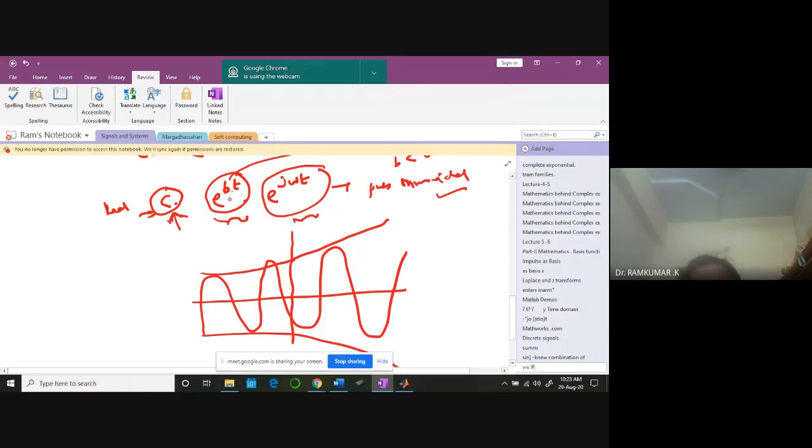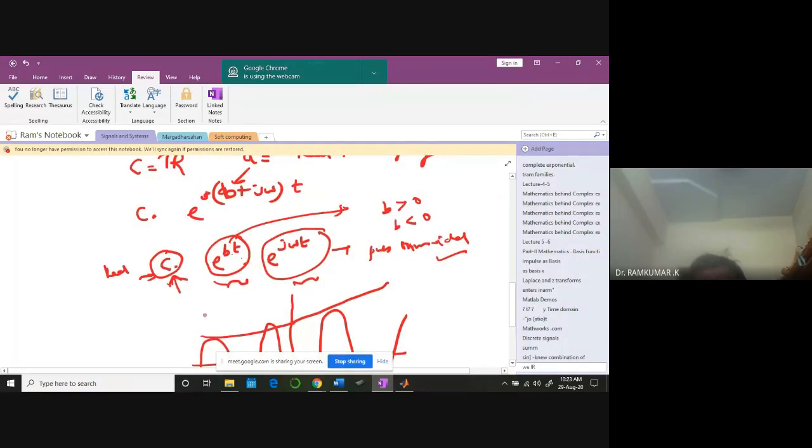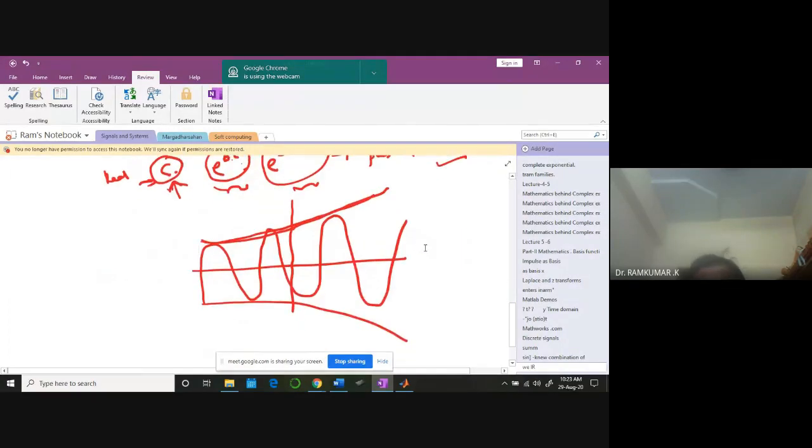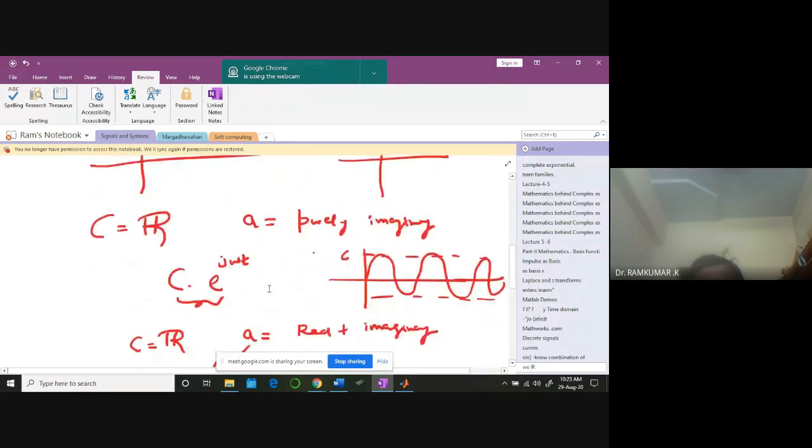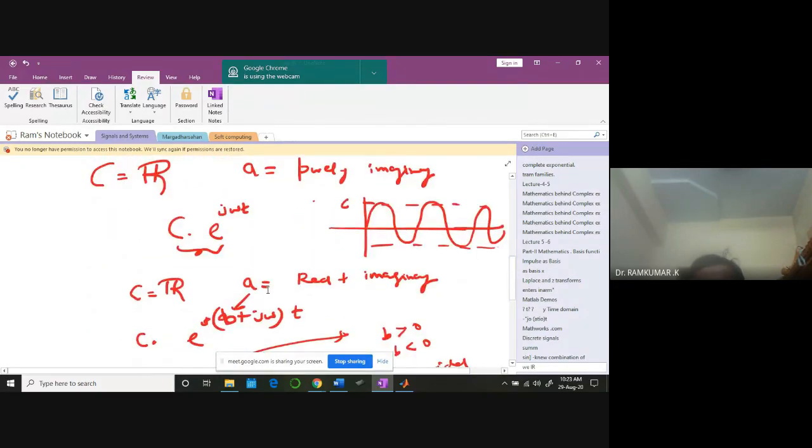This e power bt is giving you the envelope, and e power j omega t is a pure sinusoid, and C is fixing the amplitude. Are you getting the point clearly, what I'm saying?